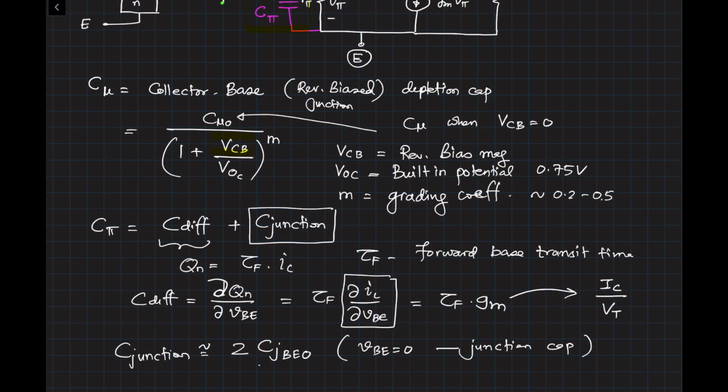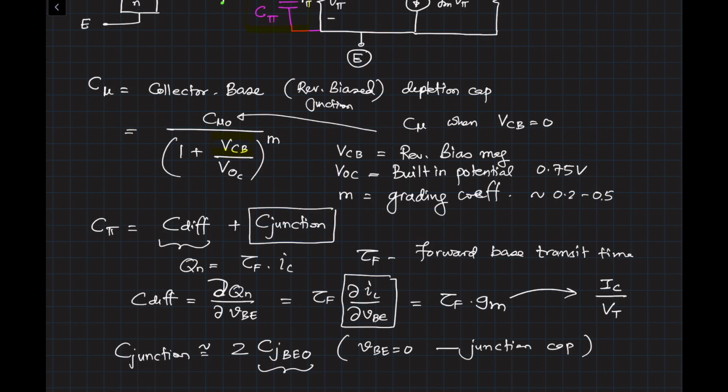You can relate this to C mu 0, which is when VCB is equal to 0, you get the junction capacitance between collector and base. Similarly here, this is Cj BE0, when the base-to-emitter junction voltage is equal to 0, then that's the capacitance.